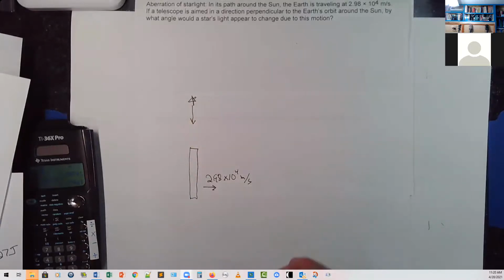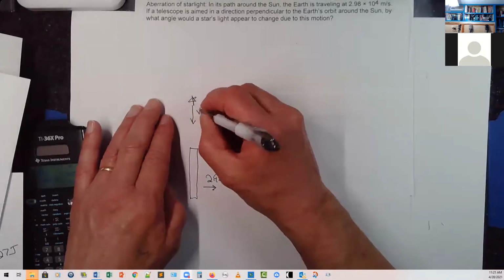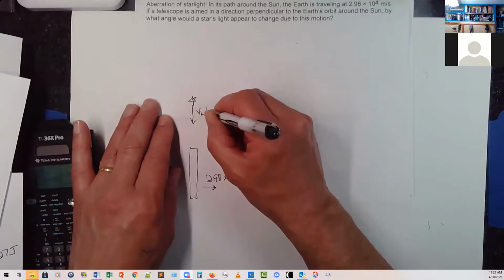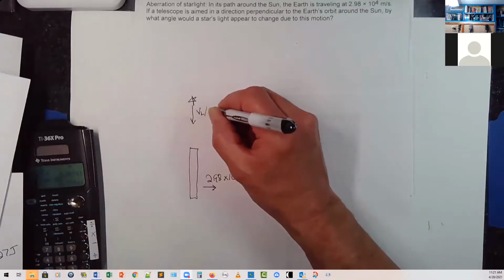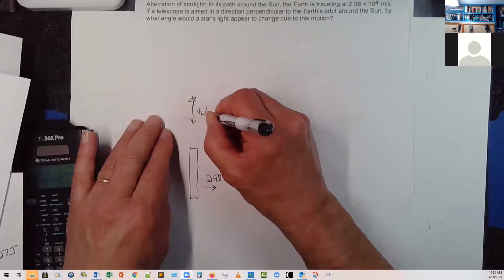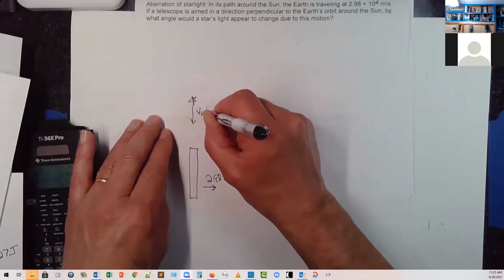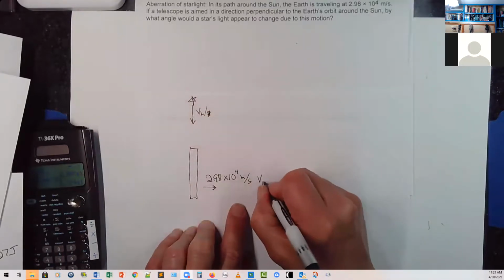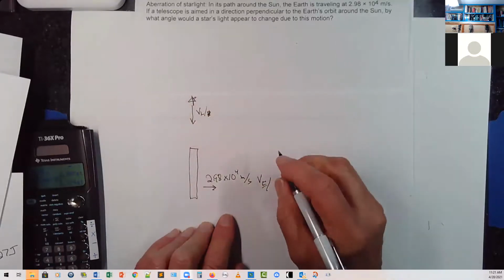But we're going to end up with, this is the velocity of the light with respect to the, boy, let's see, this is the velocity of the Earth with respect to a fixed frame.